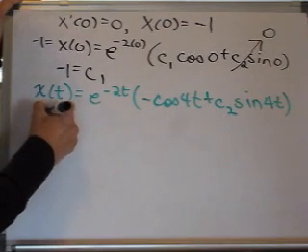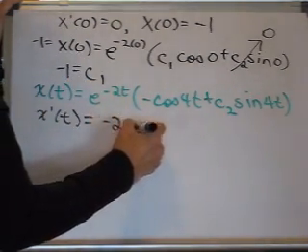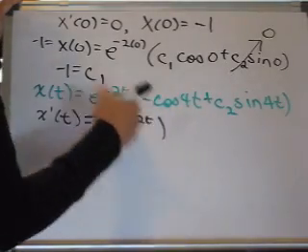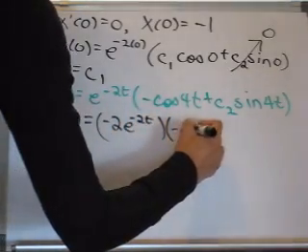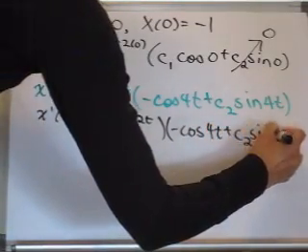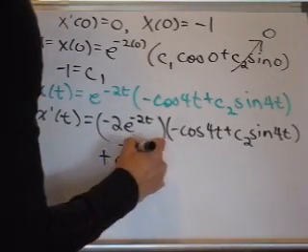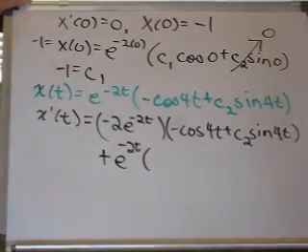So x prime of t, the derivative of this first function is negative 2 e to the negative 2t times the second function, negative cosine 4t plus c2 sine 4t, plus the first function e to the negative 2t times the derivative of the second function.